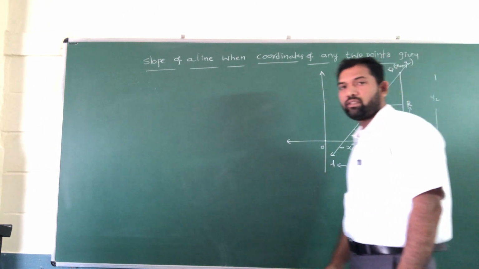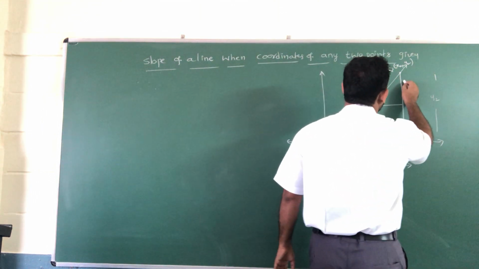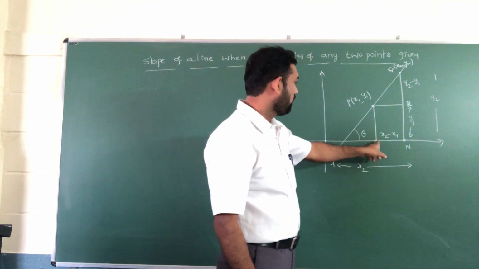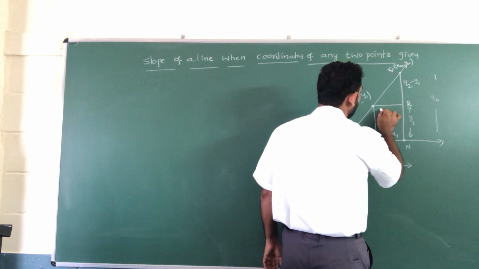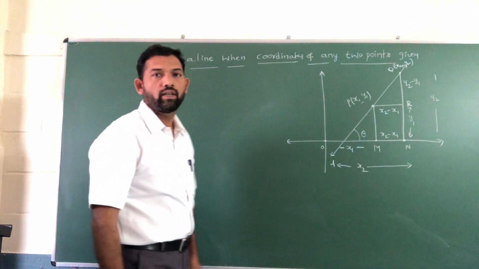So the NR distance is y1, and this value is y2 minus y1. MN and PR are parallel, so PR is also x2 minus x1. Understand, all of you?